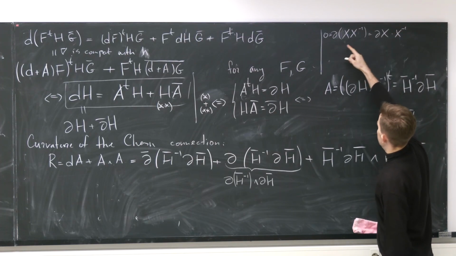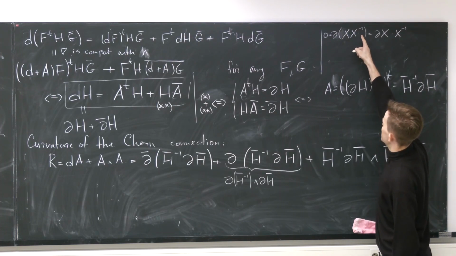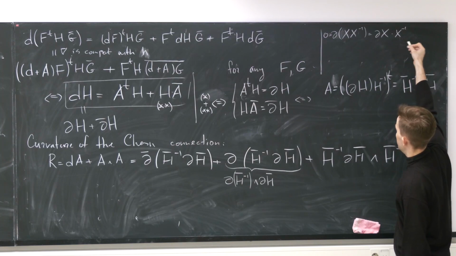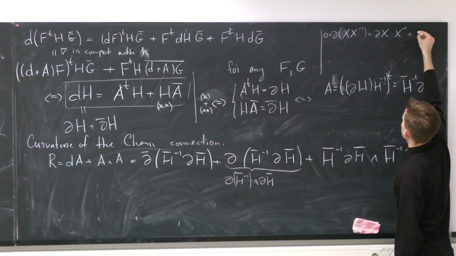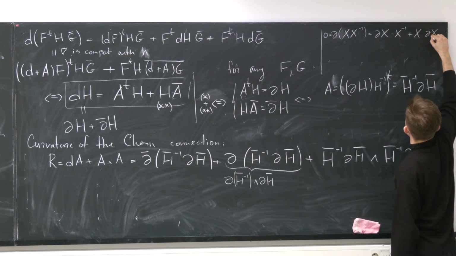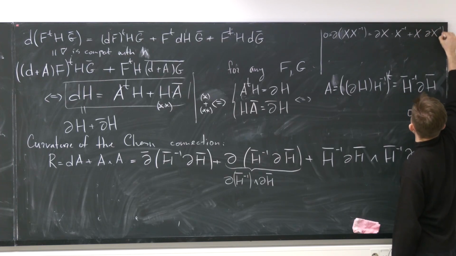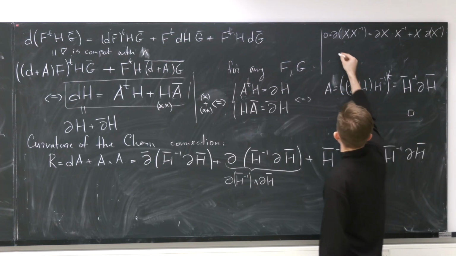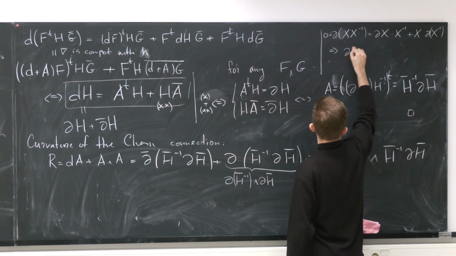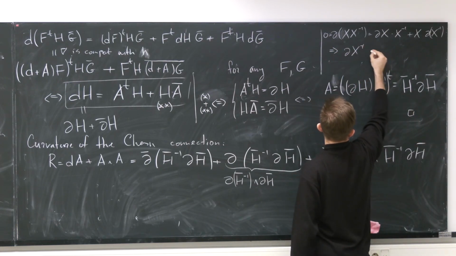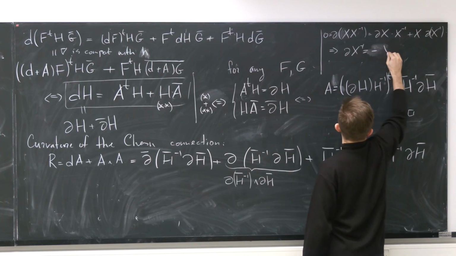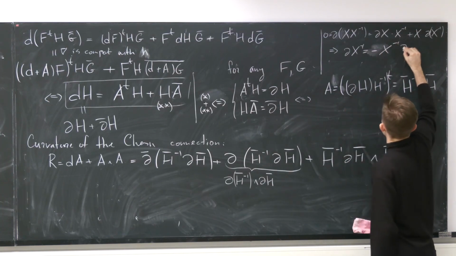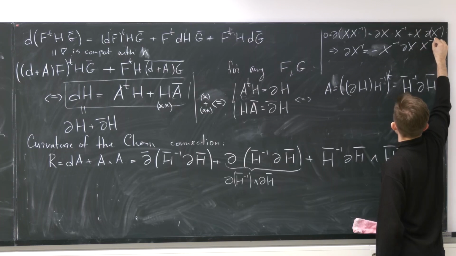It will be 0, because X times X inverse is the identity matrix, so it's a constant. Then I have a formula like this, and this means that del of X inverse equals minus X inverse times del X times X inverse.